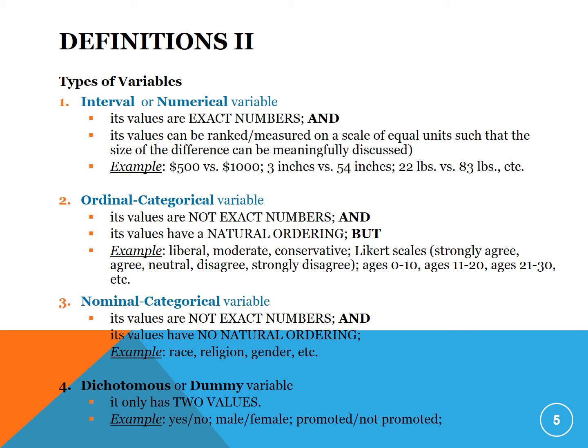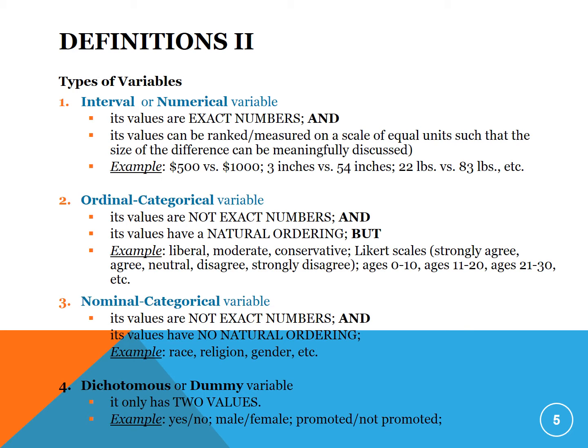It has its categories, but these categories have order. So neutral would never be first. Disagree would definitely be before strongly disagree, because strongly disagree is more extreme, just like strongly agree is more extreme than just agree.